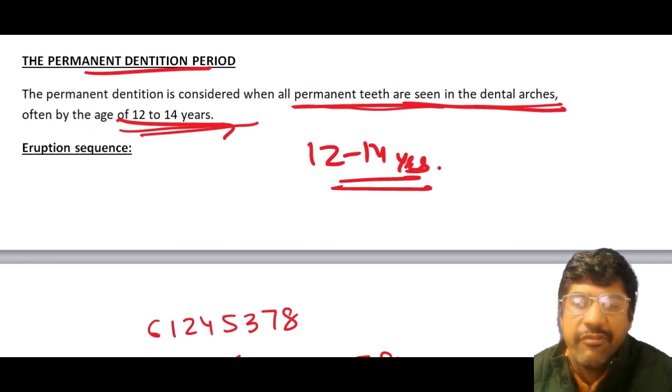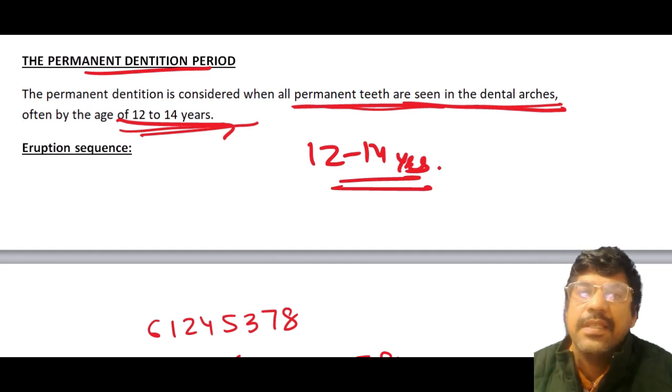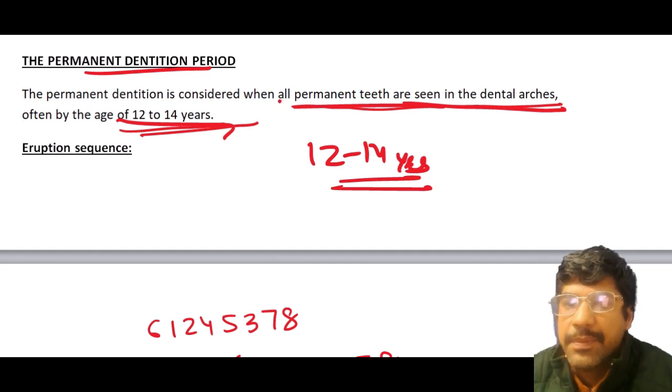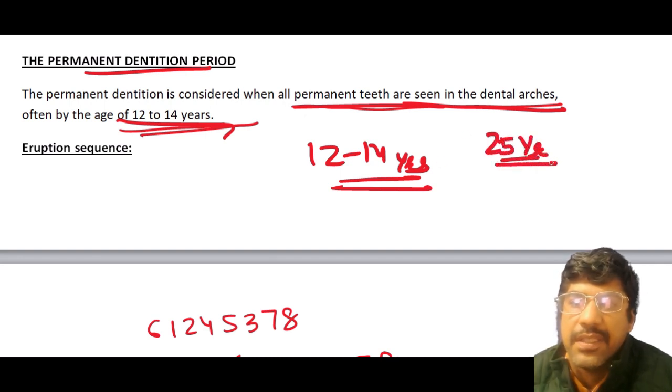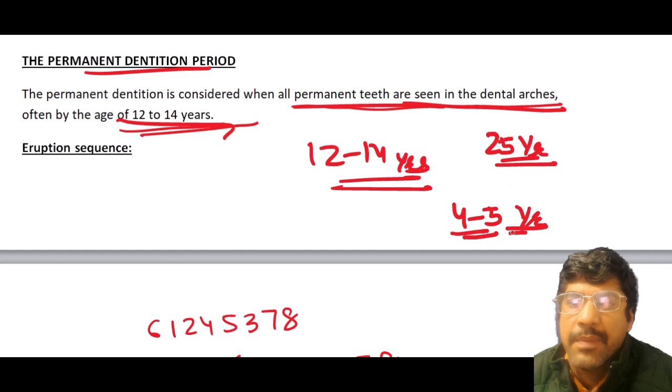The calcification of permanent teeth begins at birth, starting with the first permanent molars. The process of calcification extends until 25 years of age. Complete calcification of incisors occurs by 4 to 5 years of age, and for permanent teeth it occurs by 6 to 8 years, excluding the third molars.